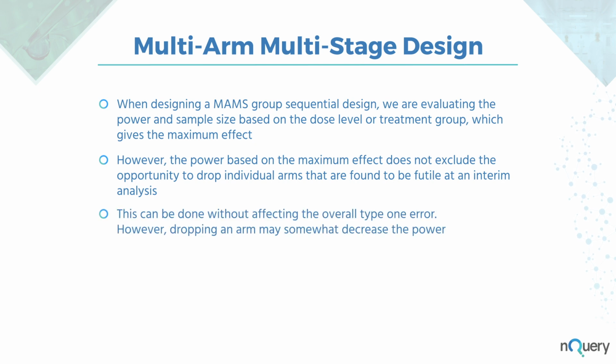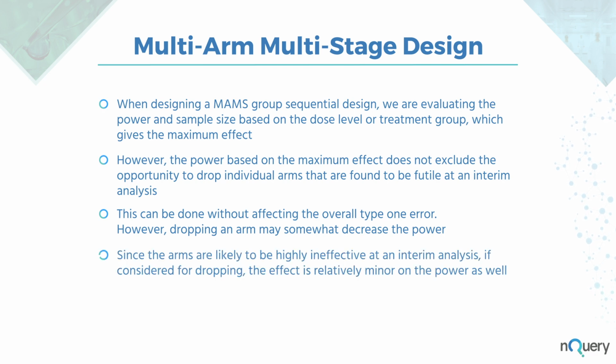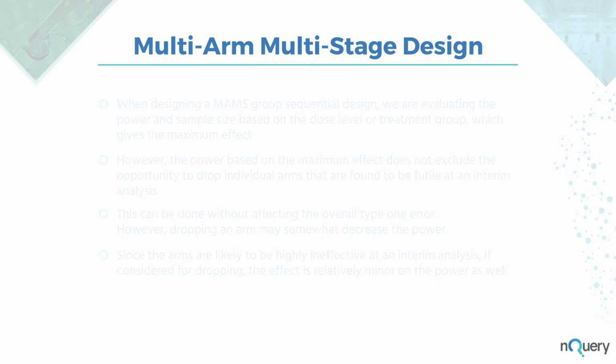And this can be done without affecting the overall type 1 error. However, dropping an arm may decrease the power somewhat, but since the arms are likely to be highly ineffective at an interim analysis, if considered for dropping, the effect is relatively minor on the power as well.